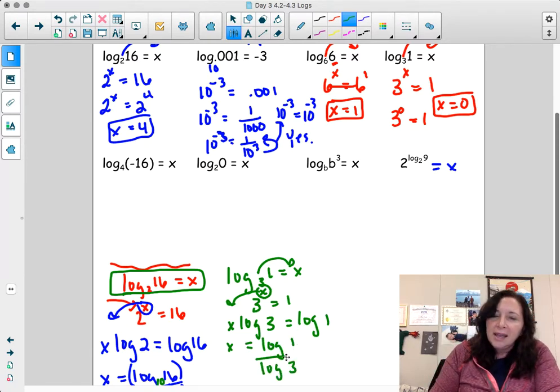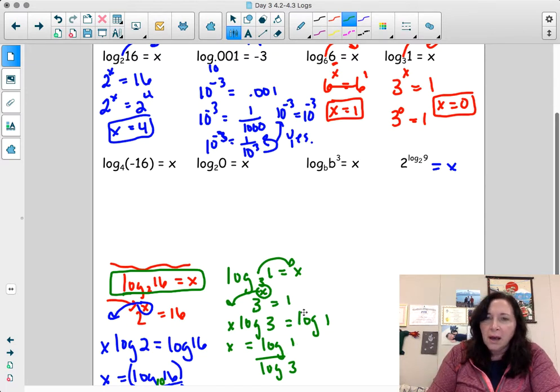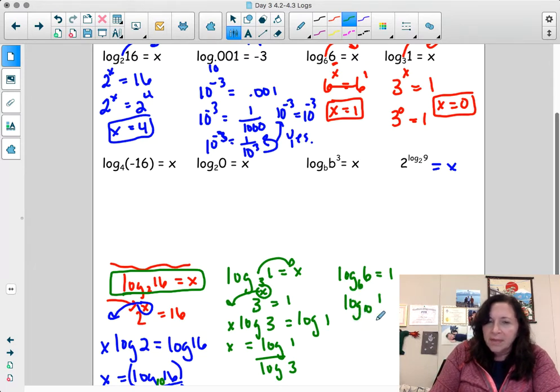And again, there's a couple of things that you're going to get used to. One of the things that I mentioned before was, remember, anytime you have the same value here, that base is the same as the argument, that's going to equal 1. Well, anytime you have log base 10 of 1, that's going to be 0.